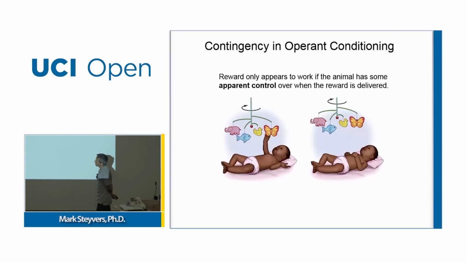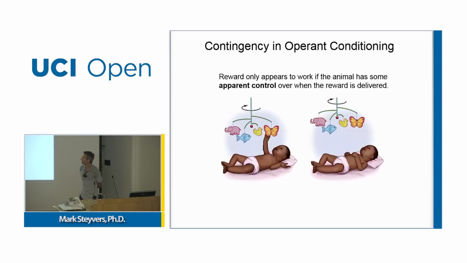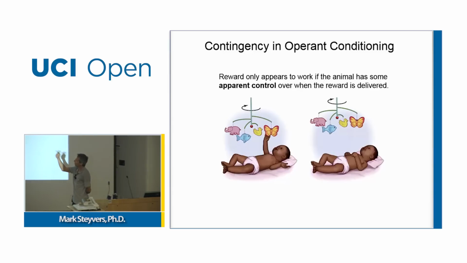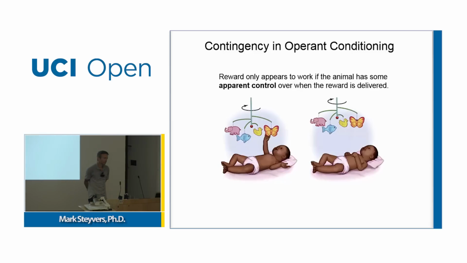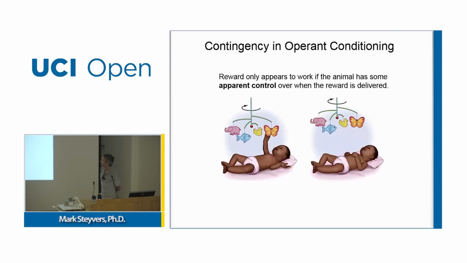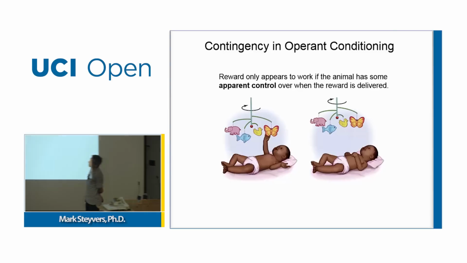So the book mentions this interesting experiment with infants, where the infant is lying in a crib, and in one condition, the infant could trigger a switch in the pillow, and that switch made this mobile toy spin around. Now, infants perceive this as a reward of some kind, so they quickly learn this association between triggering the switch with their head and making this mobile toy move around.